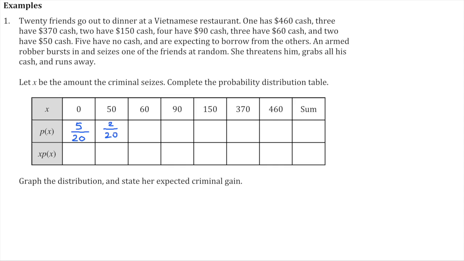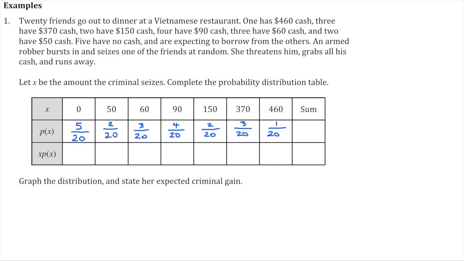And when you go and look through the rest of them, $60, there are 3 people out of 20 with $60. $90, 4 people have $90, so there's 4 chances out of 20. $150, 2 people, so there's 2 chances out of 20. $370, 3 people, so 3 chances out of 20. $460, there's only 1 person with $460 cash.